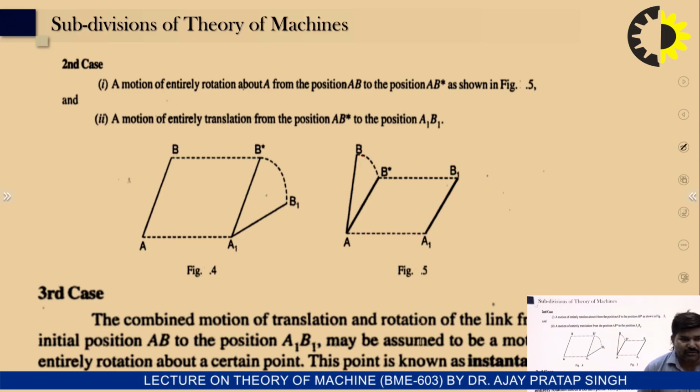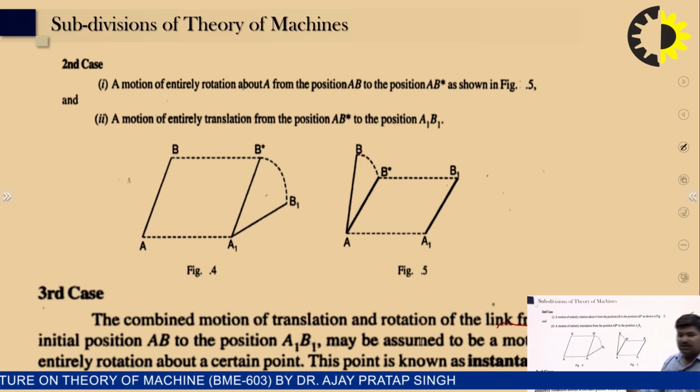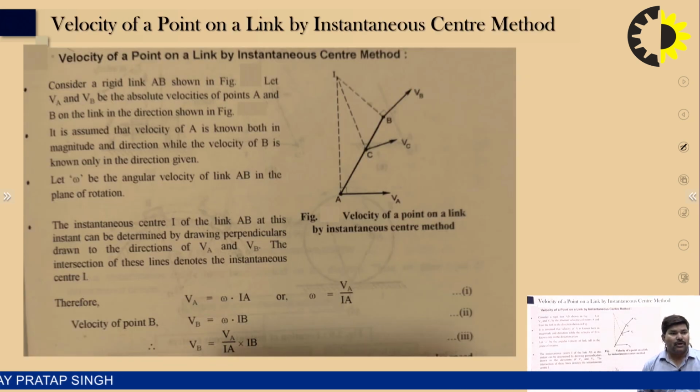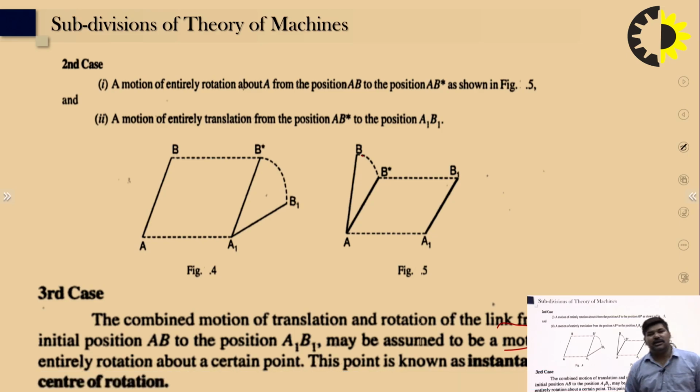The combined motion of translation and rotation of the link from its entire position AB to position A1 B1 may be assumed to be a motion of entire rotation about a center point, and this is known as the instantaneous center of rotation. It means that at a particular time, you can find out the center about which the link rotates.